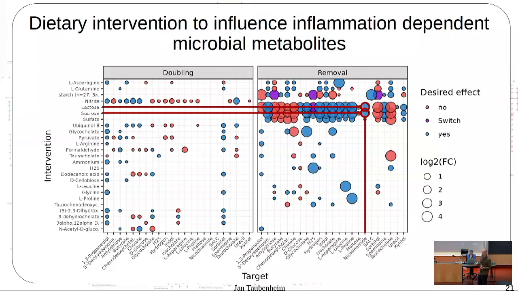And this is something which has been described in the literature already before, that if you reduce carbohydrate diet in IBD patients, this is beneficial, yet we didn't really know why. So this might be one explanation for that.